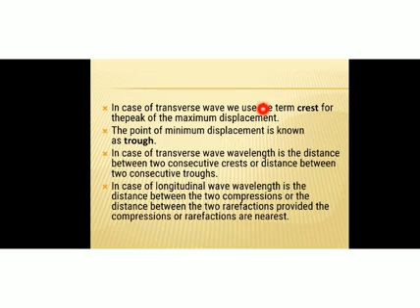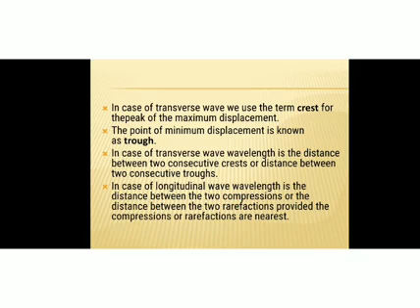In the case of a transverse wave, we use the term crest or peak for the maximum displacement, and the point of minimum displacement is known as trough. In a transverse wave, wavelength is the distance between two consecutive crests or two consecutive troughs. In a longitudinal wave, wavelength is the distance between two compressions or two rarefactions, provided they are nearest.